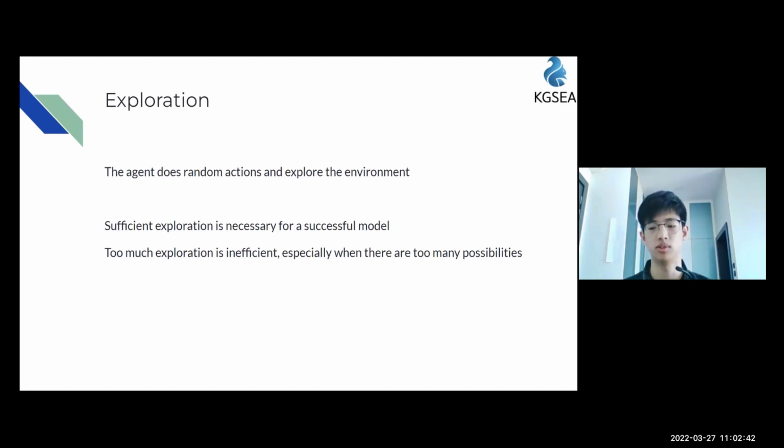For example, in a chess game or a Go game or any game that has a lot of possible actions, you can't try out every single state and every action and evaluate them. At some point, you have to say that's enough exploration. We have to just use our strategy from now on. And this is the problem of pretty much every reinforcement learning. You have to, at some point, just go with exploitation instead of exploration.